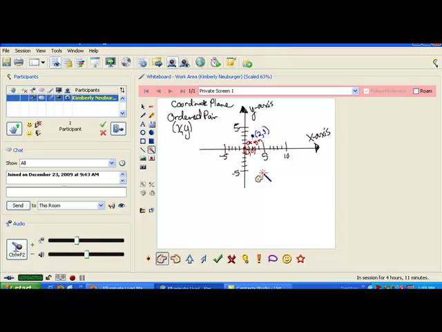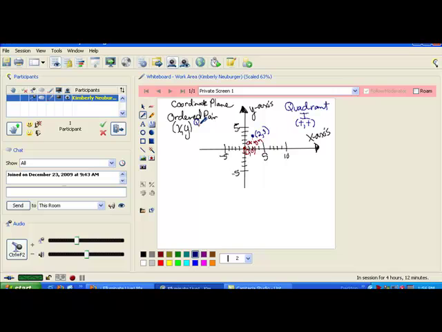And quad means 4, so this is a quadrant because it is one of the 4 sections. So over here, we would call this quadrant 1. We use Roman numerals to name them. And in this quadrant, the x values are always positive and the y values are always positive. So knowing that this was 2, 3 and they were both positive, I already knew it was going to land over here.